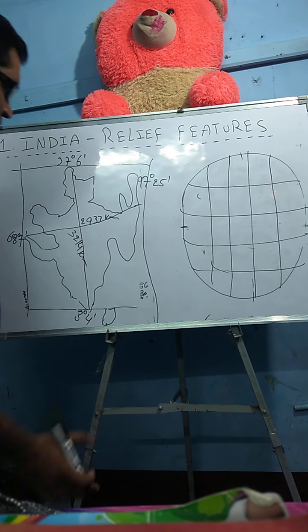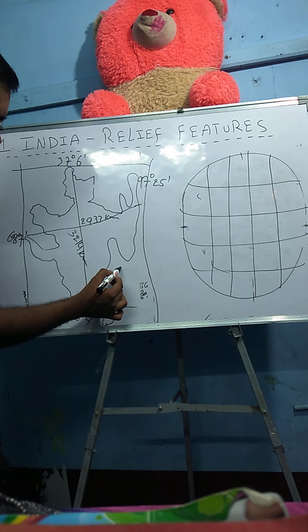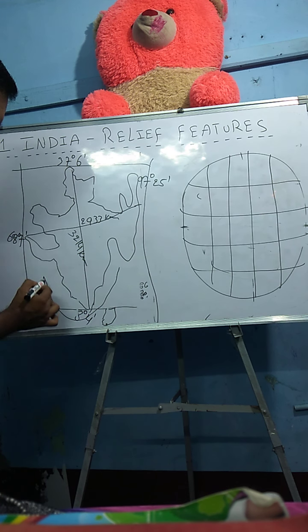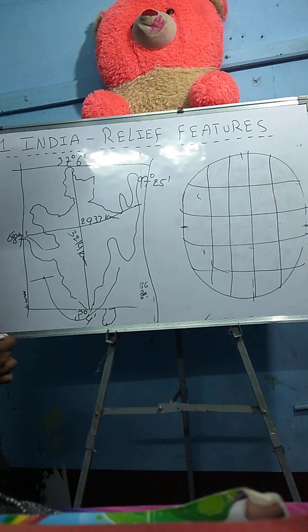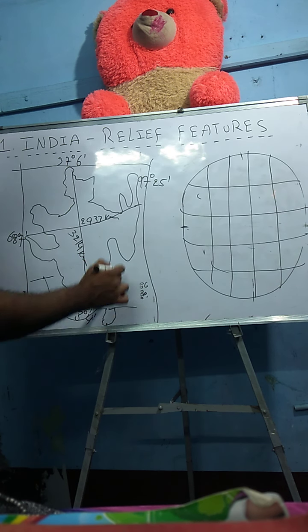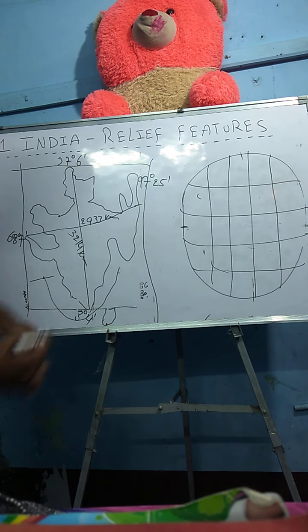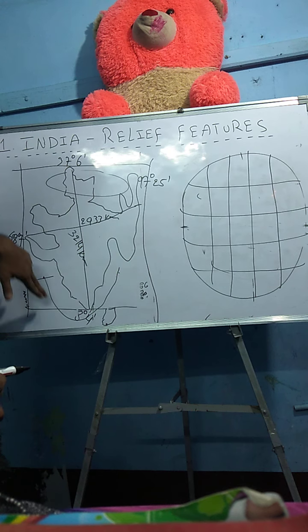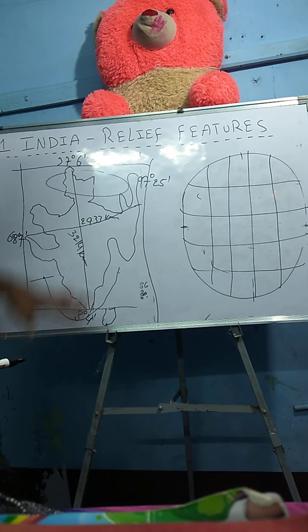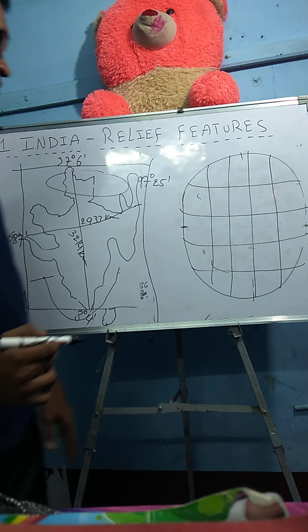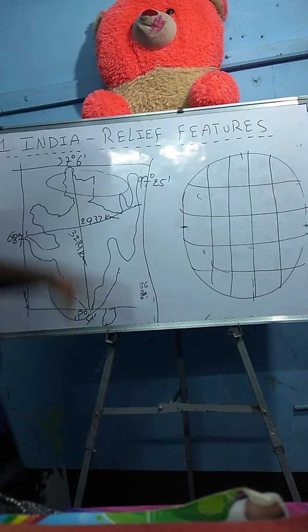Next feature: India has three sides. The west side is the Arabian Sea, the south side is the Indian Ocean, and the east side is the Bay of Bengal. These three sides of India are water. One side is only earth, land only, blocked. So three sides water and one side earth is called a peninsula.